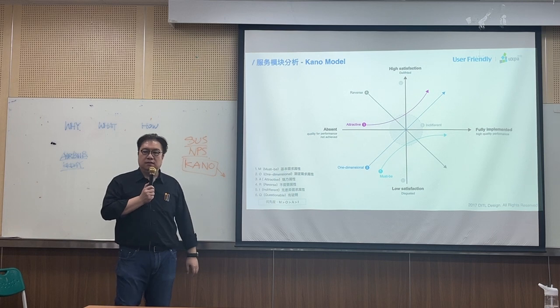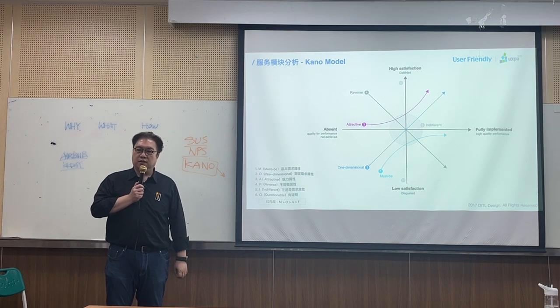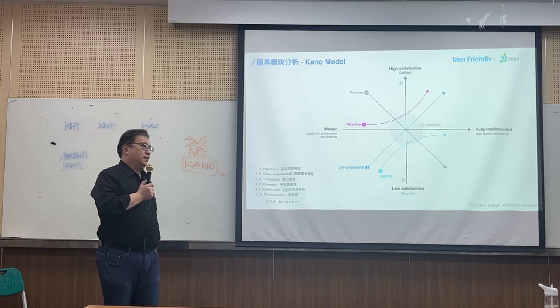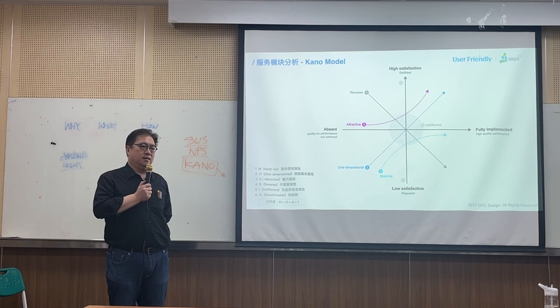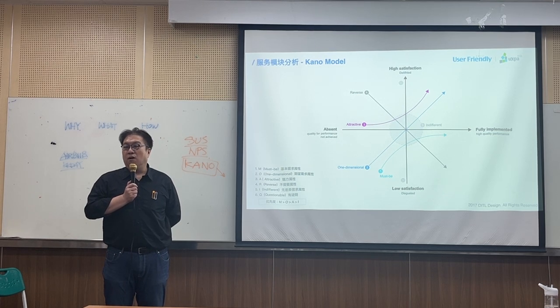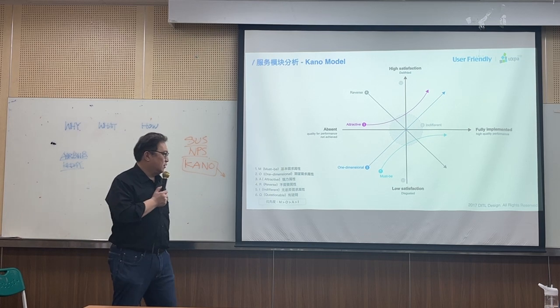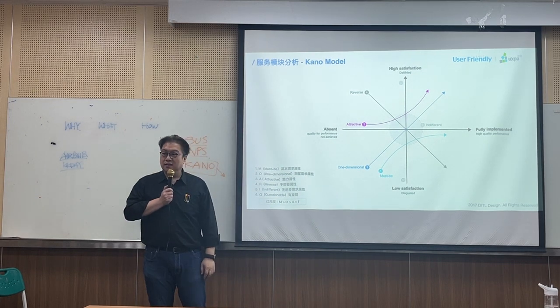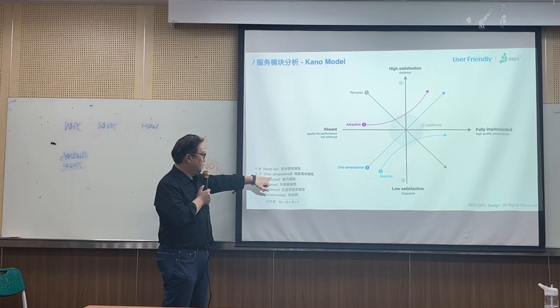So what is a one-dimensional function of a restaurant? Delicious, very good. The quality of food. If you find it's really tasty, you will feel very happy, but if it's not so tasty, you will feel kind of unsatisfied. So that's kind of one-dimensional.